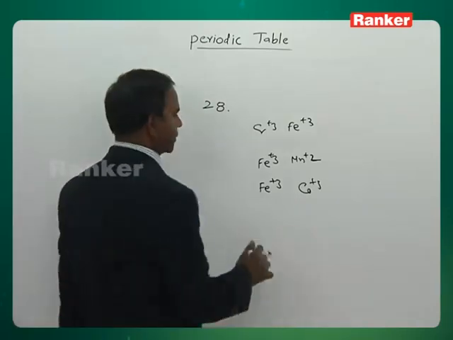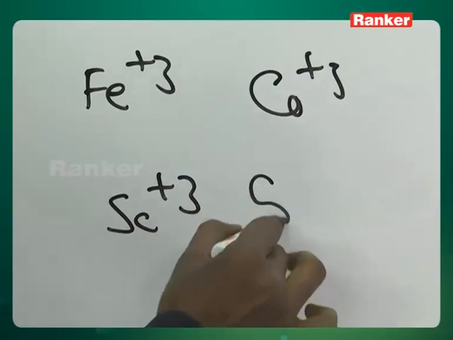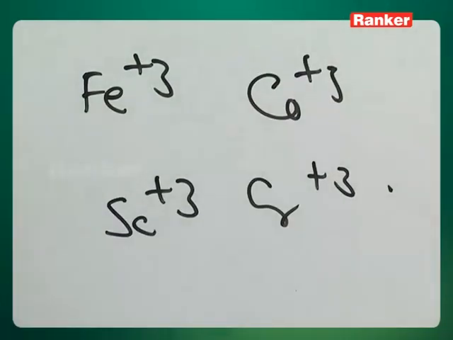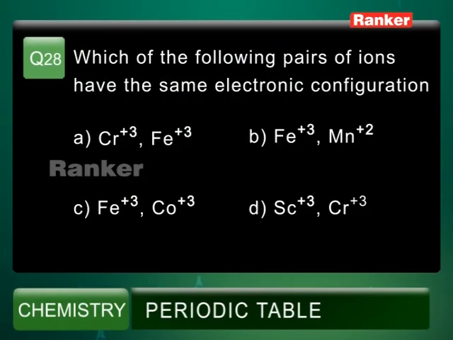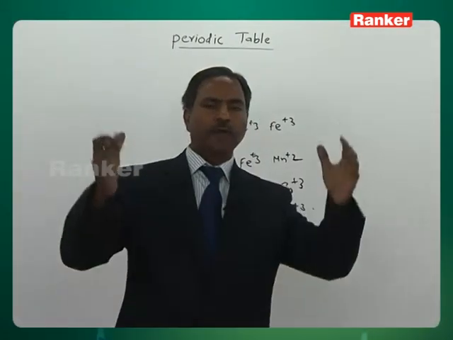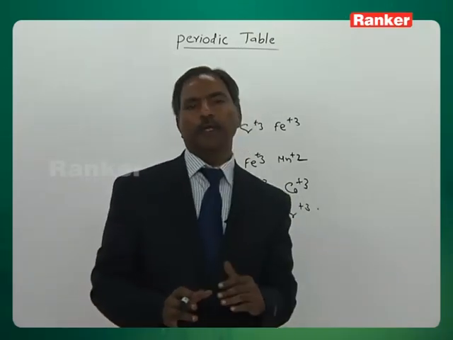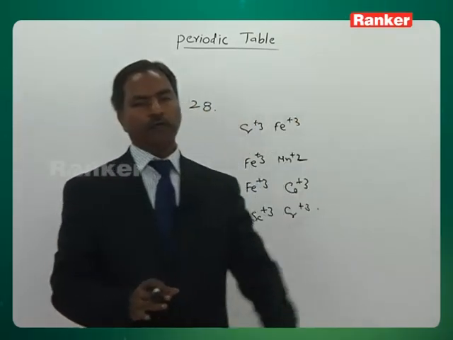Option D is scandium plus 3, chromium plus 3. Same electronic configuration means there should be the same number of electrons. Let us see which pair has the same number of electrons.